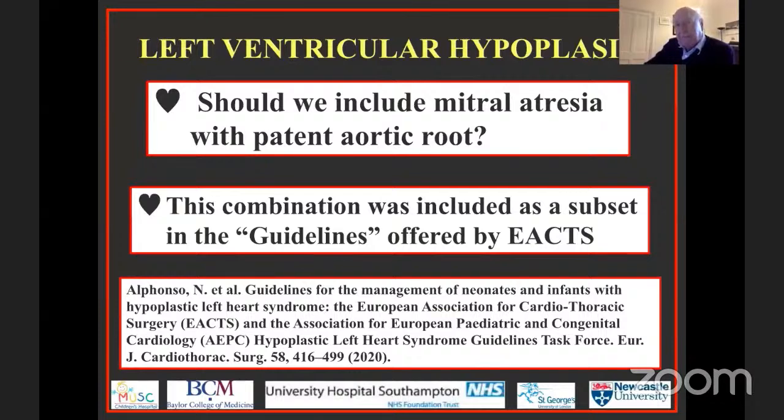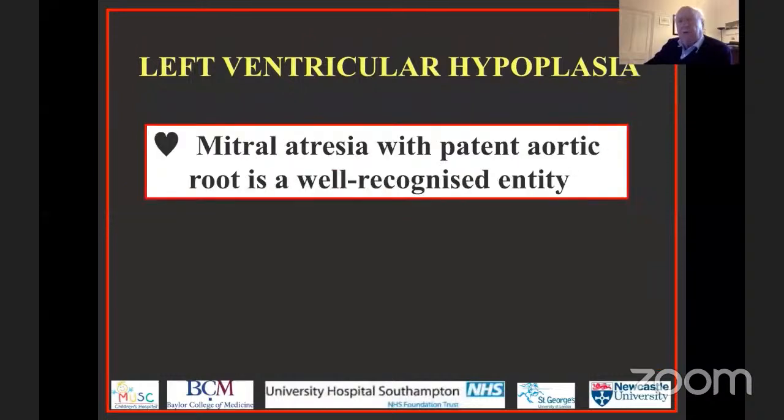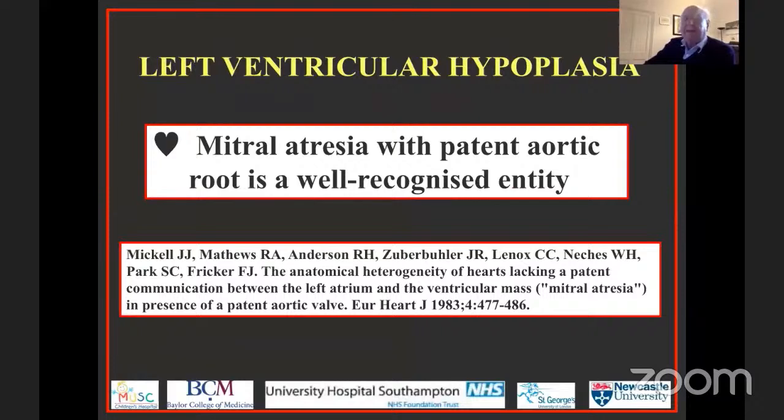And that is what has prompted for me this current definition of what is syndrome, because they did include mitral atresia with patent aortic root as part of the syndrome. I would rather suggest to you that it is a well-recognized entity in its own right, but I don't think we should include it as part of the syndrome.